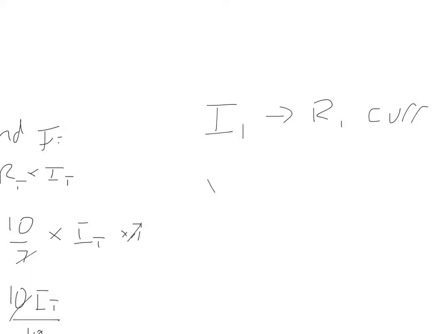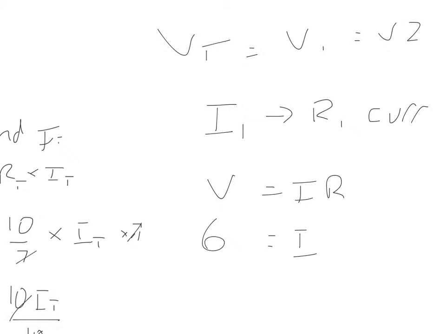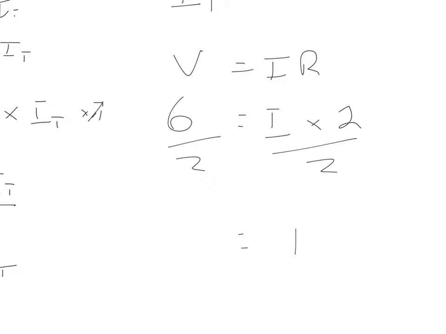Again, I would go to V equals IR. Now because it's parallel, we know VT equals V1, which equals V2, which means my voltage will be 6. I don't know my current, that's what I'm looking for, times by my resistance, which is 2. Divide both sides by 2, undo those two. And I get I1 equals 3 amps.